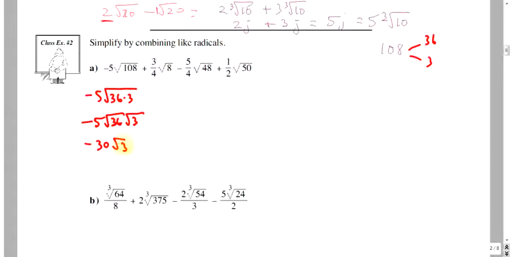What can I do with the second one? Is there a perfect square in 8? There is. So I can go, I still have 3/4. That's supposed to be a 3. Okay, that's root 4 times root 2.